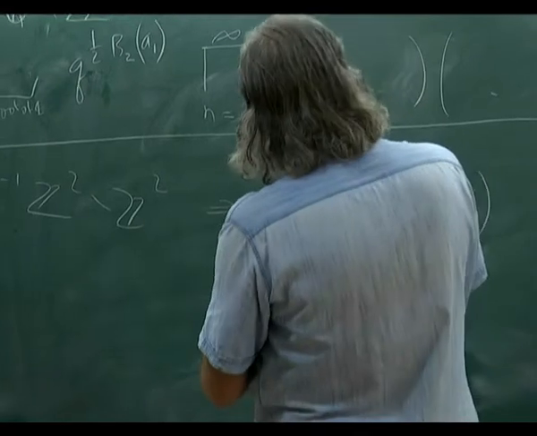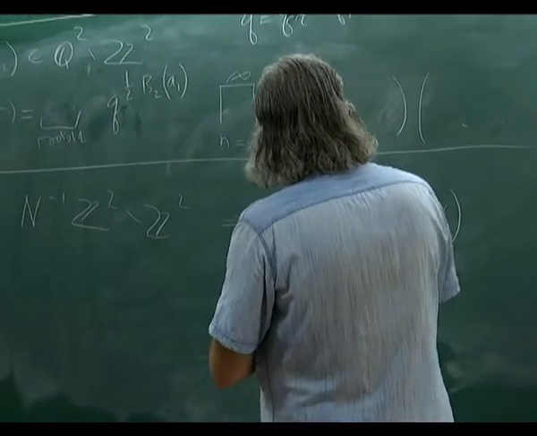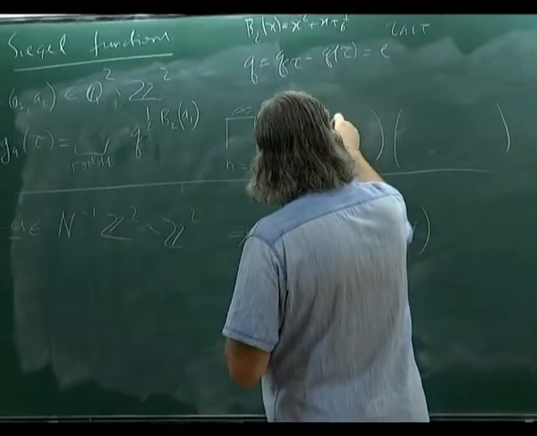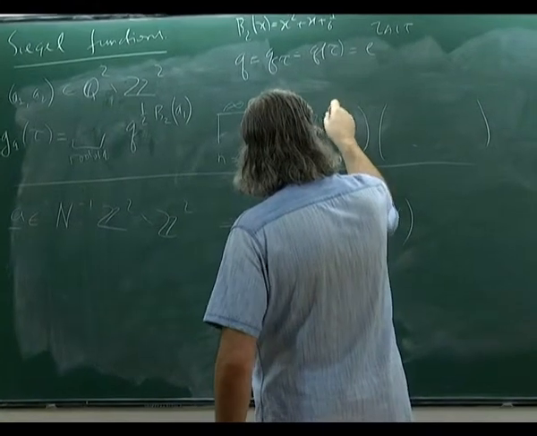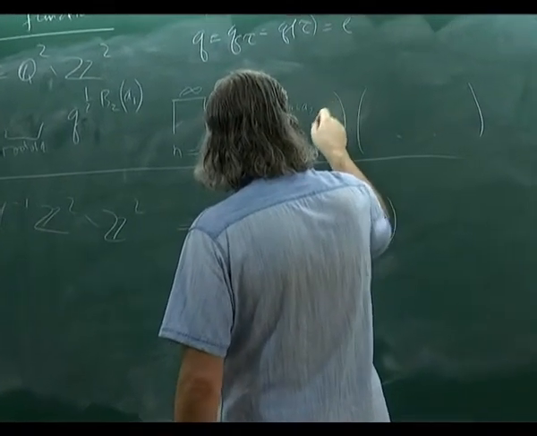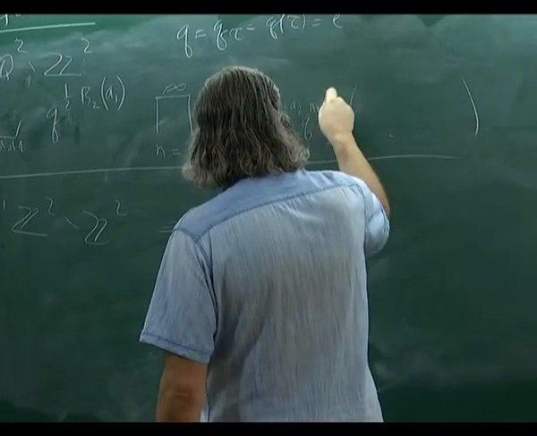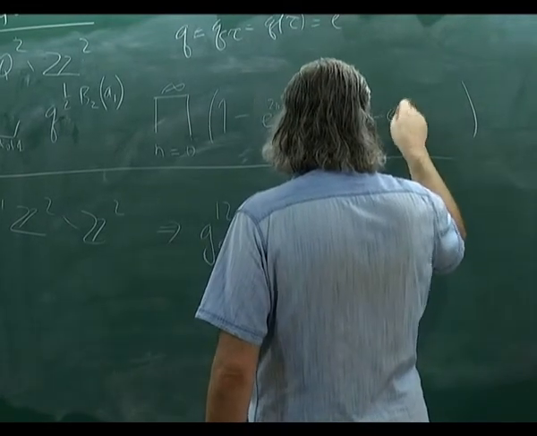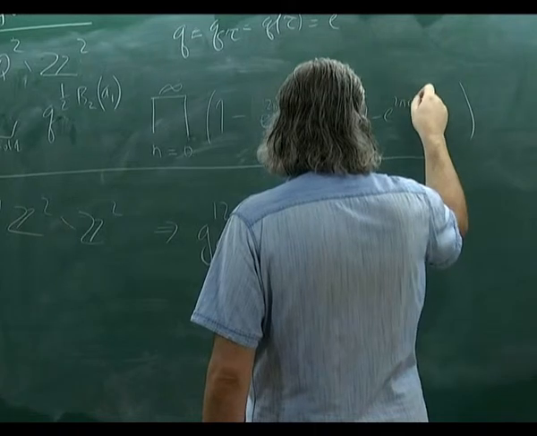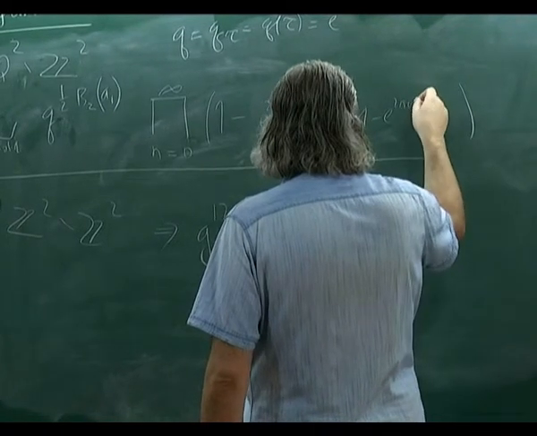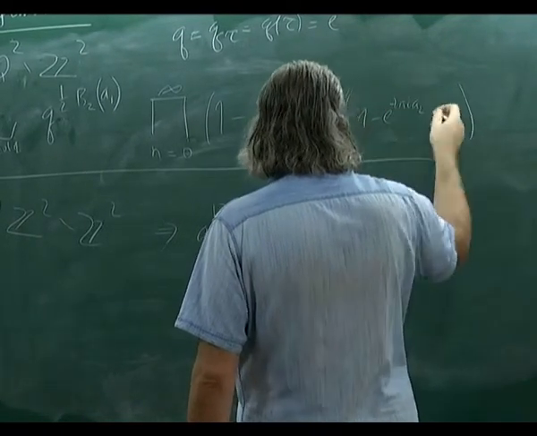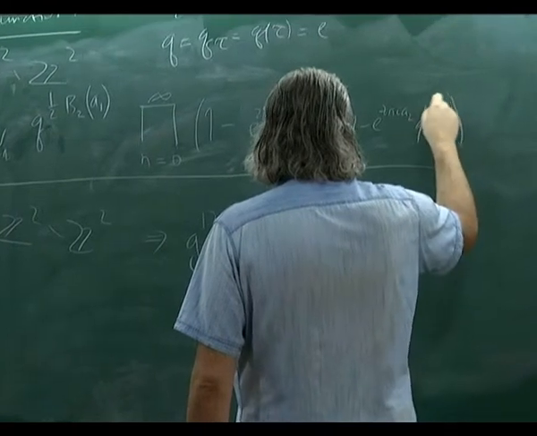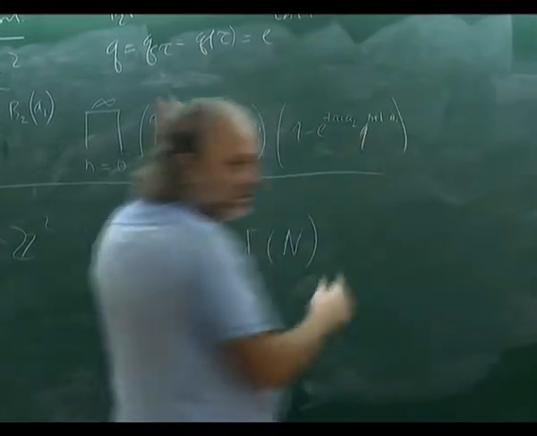I think I now remember. I think it is 1 minus e to 2 pi i a2, q to the n plus a1, and here 1 minus e to 2 pi i minus this q to the n plus 1 minus a1, something like this.